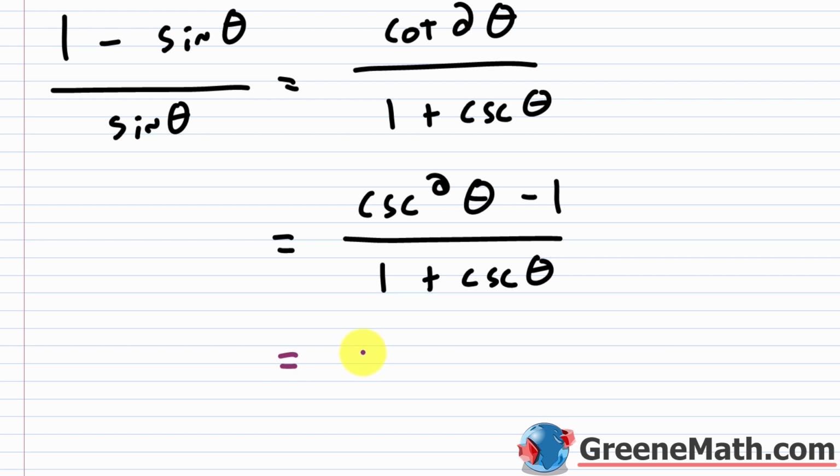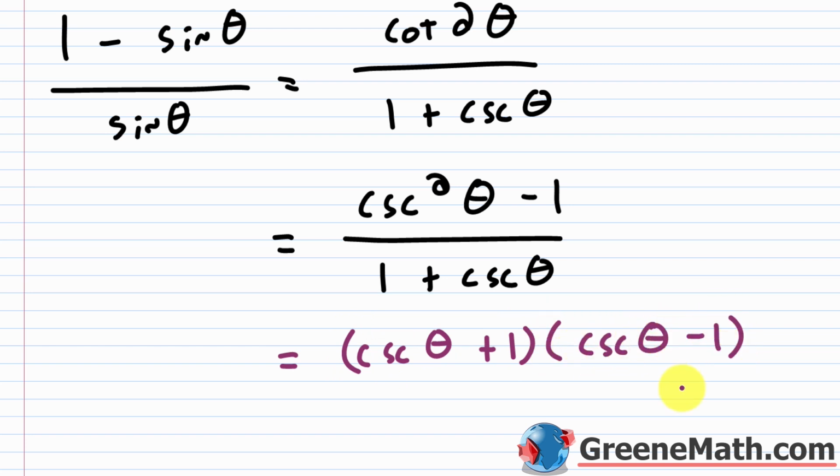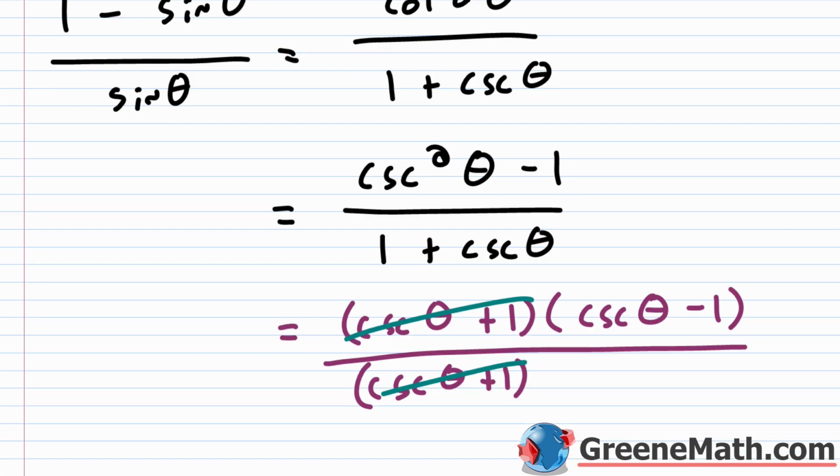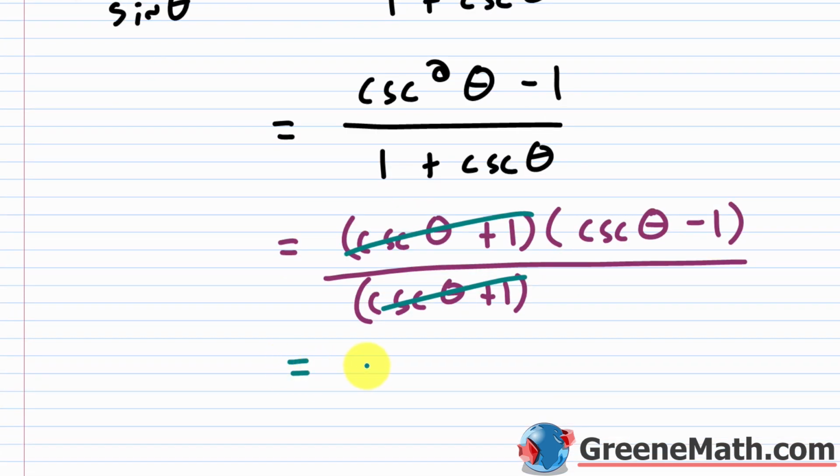So this would factor into your cosecant of theta plus 1, then times cosecant of theta minus 1. So let's put this over 1 plus cosecant of theta. You could write that as cosecant of theta plus 1 if you wanted to. And I'm just going to cancel this with this. And now I have cosecant of theta minus 1. Let me come down here and just say that this is cosecant of theta minus 1.